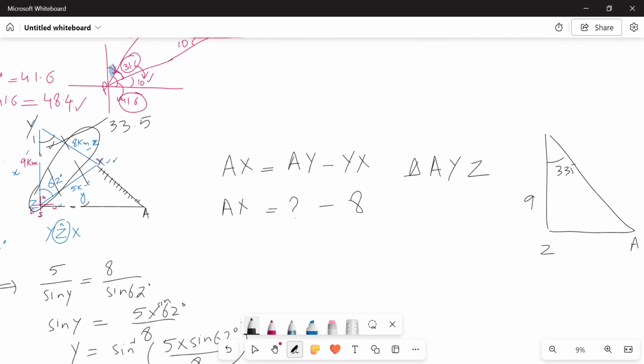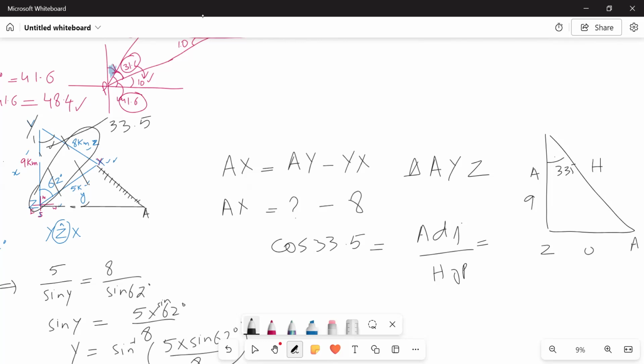If we are using this angle, then this one is the adjacent side, this one is the hypotenuse, this one is the opposite side, right? So we can use cos 33.5 is equal to adjacent over hypotenuse.